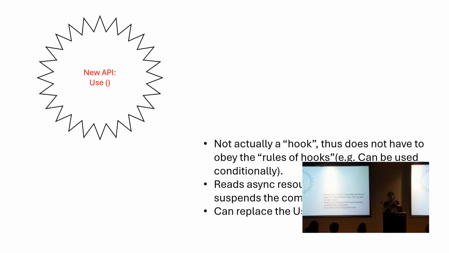Its name is just confusing, and people think it's a hook, but it's not. They've said in their documentation that it actually shouldn't obey the rules of hooks. It can read async resources and automatically suspend the component, and it can also replace the use context hook.